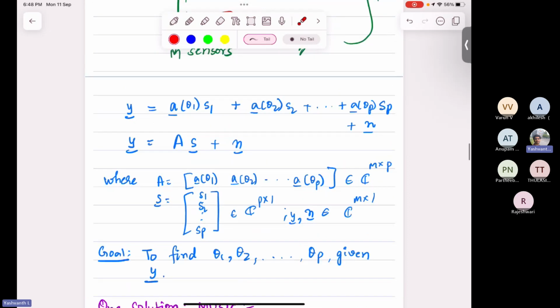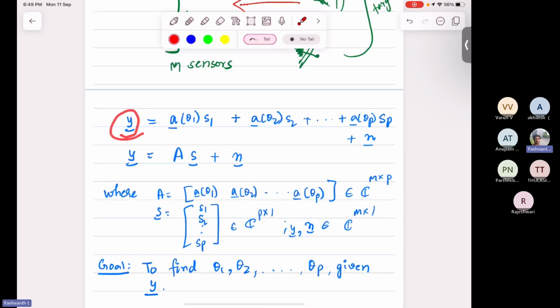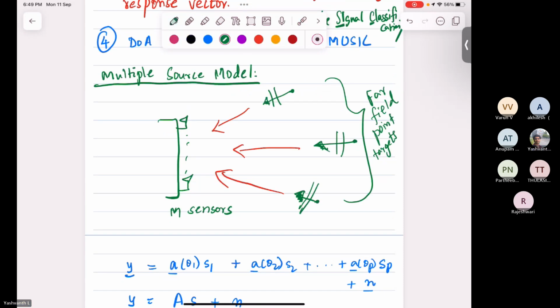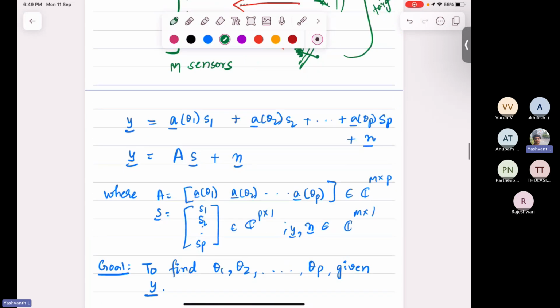So in that case, your y is the sum of all the received signals from all the p sources. Let's say there are p far field point sources, then this will be the received signal.